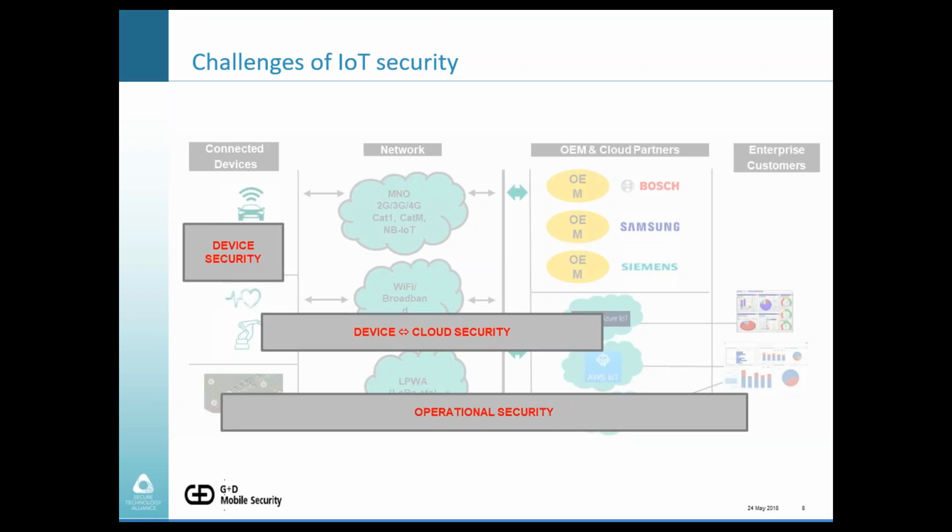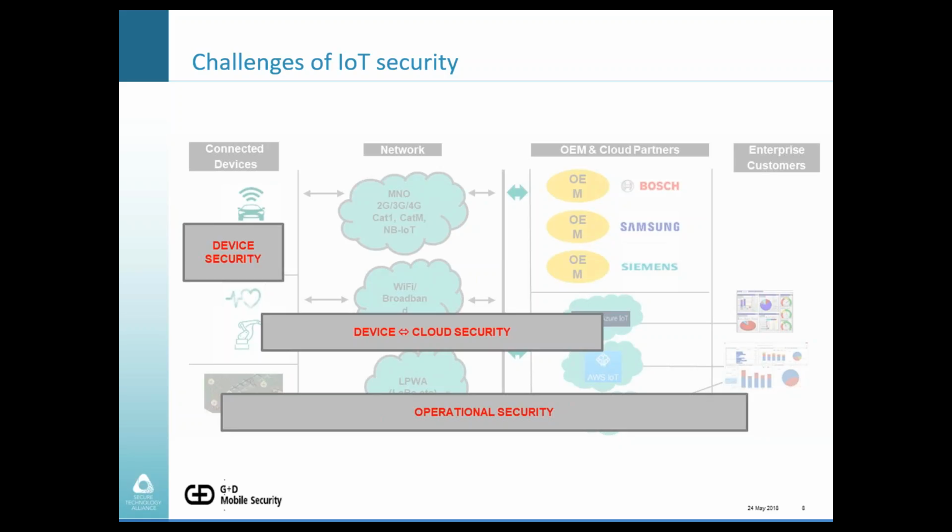The second is device to cloud security, where we enable the device to be able to be recognized by the cloud and to know that the device is sending data only to the cloud, and to make sure that the data going from the device is securely encrypted from the device all the way to the cloud, and that there's no way to hijack any of the streams coming out of the device.